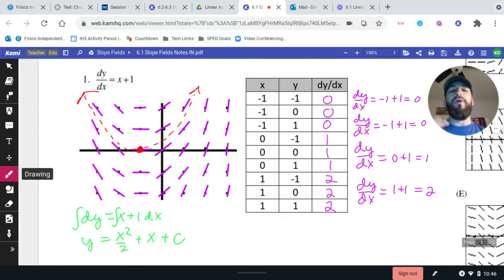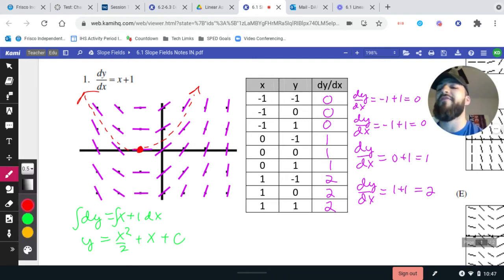Okay, so slope fields are this field of slopes. It's drawing a picture of all the possibilities that the original function, this f of x, could be. So depending on what point I tell my f of x to go through depends on what my value of c is going to be. That's why c is the constant of integration. It represents the family of possible solutions.